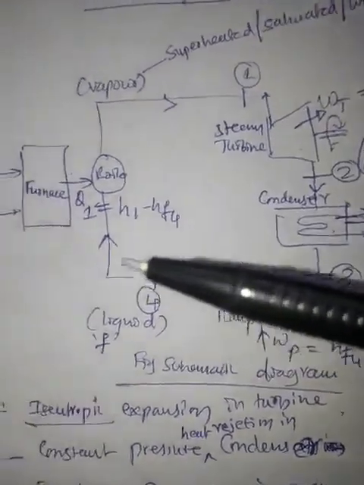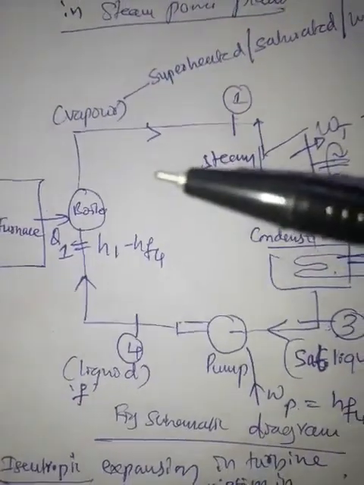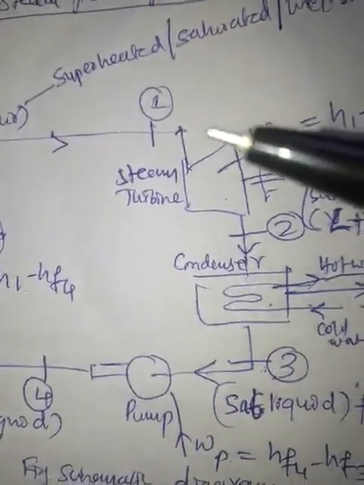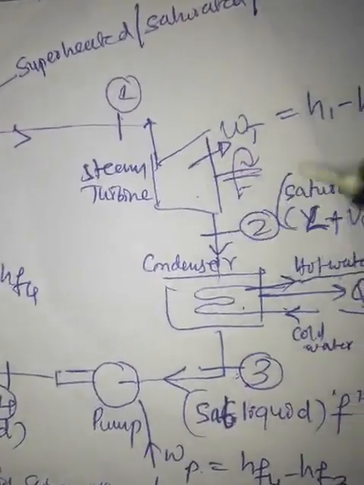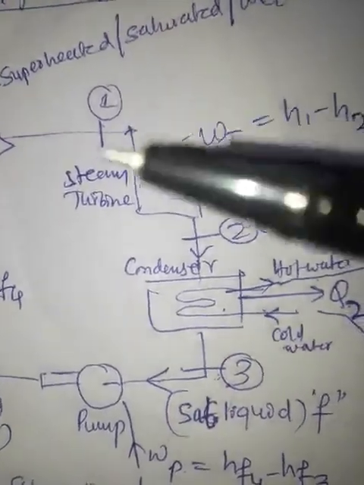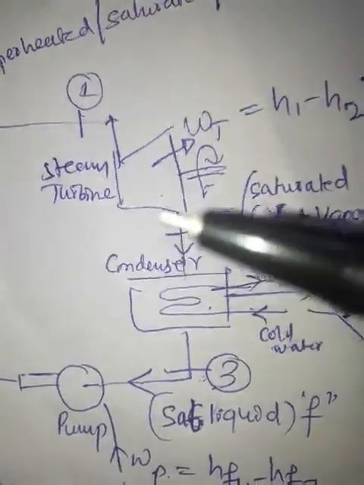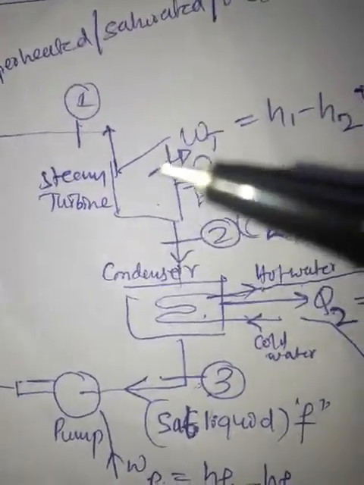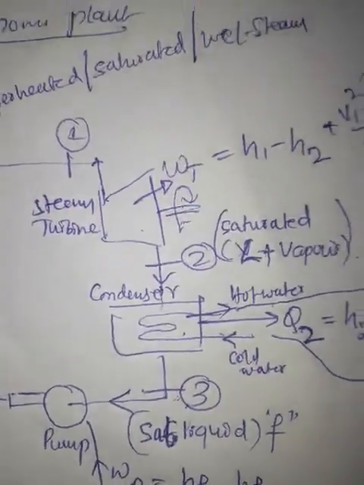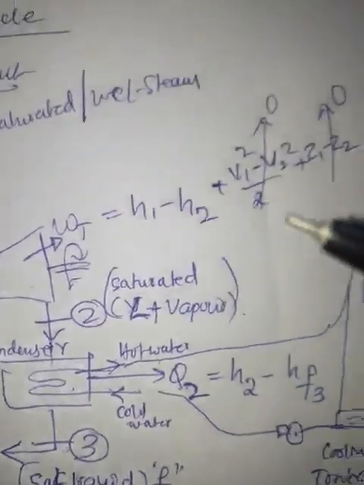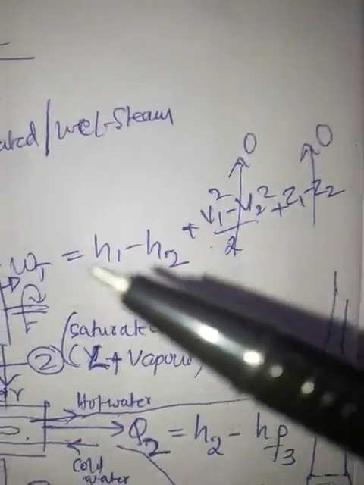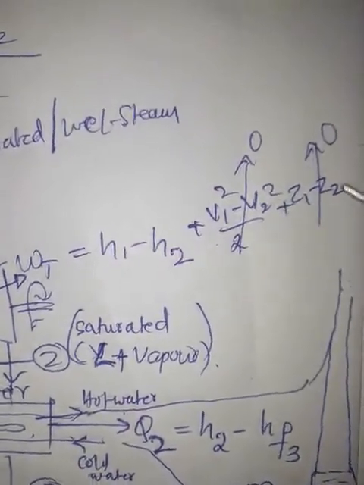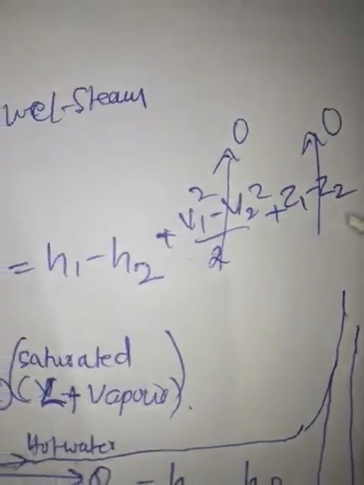Now let us discuss the analysis of energy transfers in all these four devices. The first device, let me consider this as a steam turbine. For this steam turbine, if I apply the steady flow energy equation, this is the steady flow energy equation: H1 minus H2 plus (V1 square minus V2 square) divided by 2 plus Z1 minus Z2.